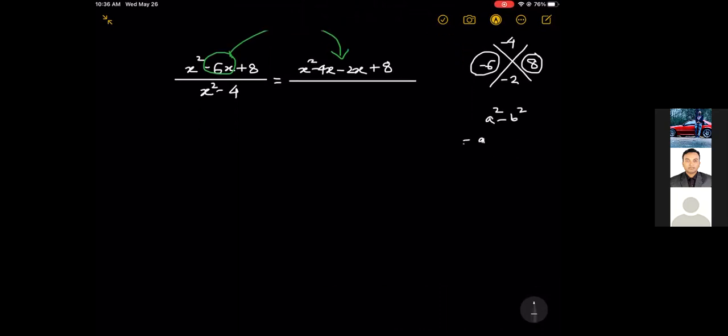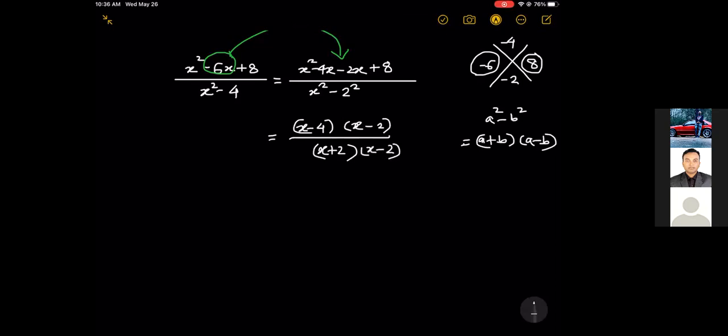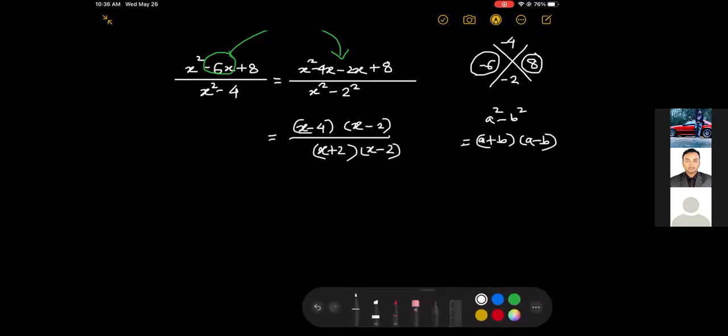It's x squared minus 2 squared, which factorizes to x plus 2 times x minus 2. So we can cancel out x minus 2.